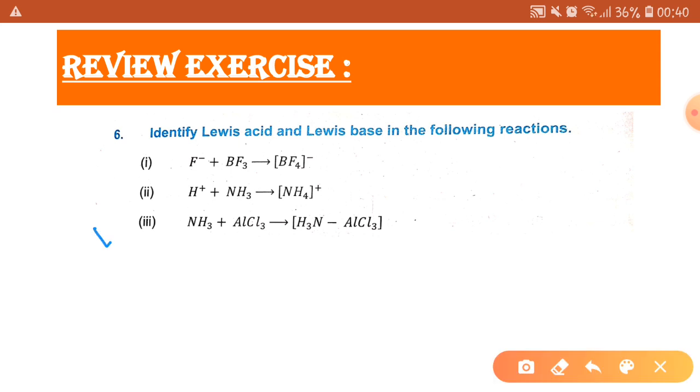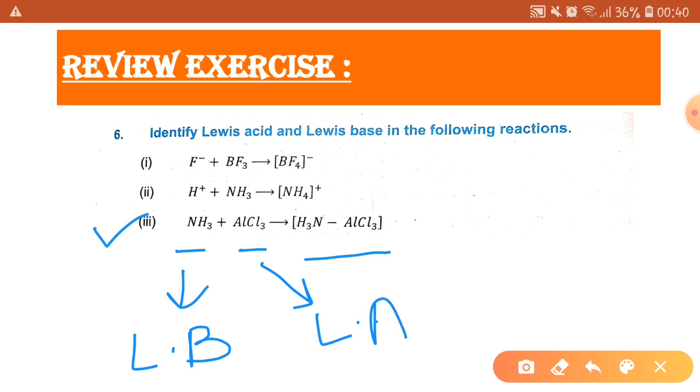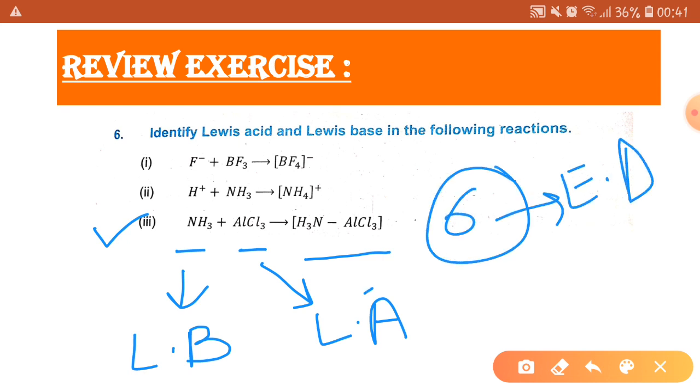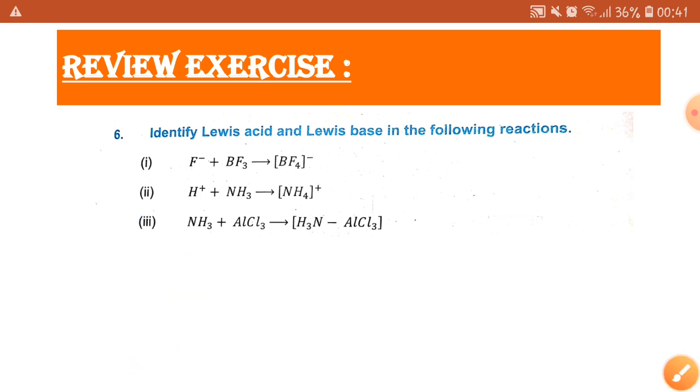Now, in the third example, ammonia is reacting with aluminium trichloride to form this adduct. As we have read before, NH3 will always work as a Lewis base, and AlCl3 will always act as a Lewis acid, because in aluminium trichloride, after sharing its 3 electrons with 3 chlorine atoms, the total number of valence electrons in the aluminium atom would be 6. So it is an electron deficient molecule, and therefore it will be considered a Lewis acid.